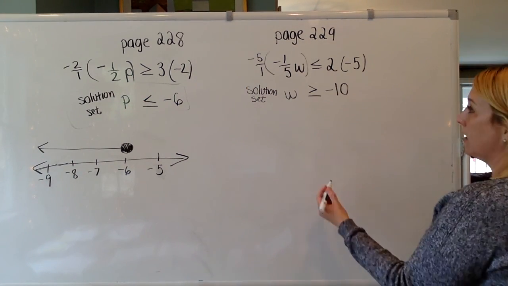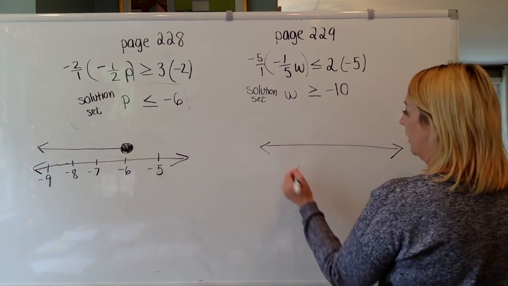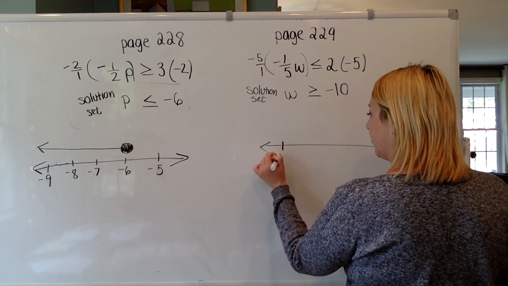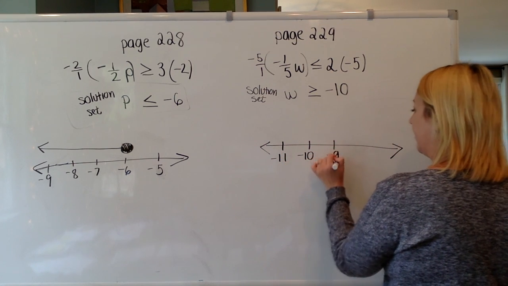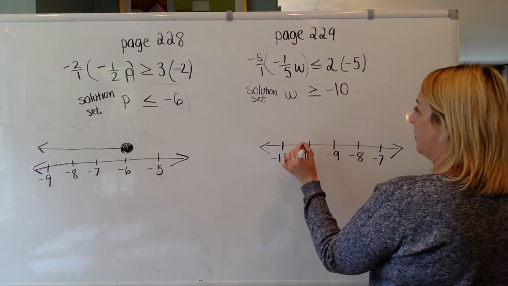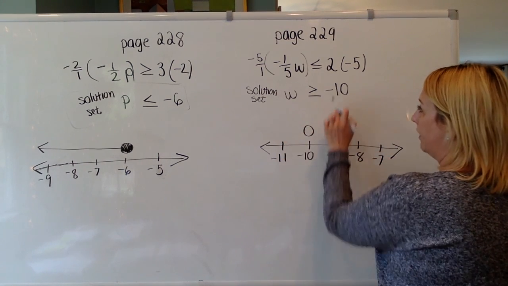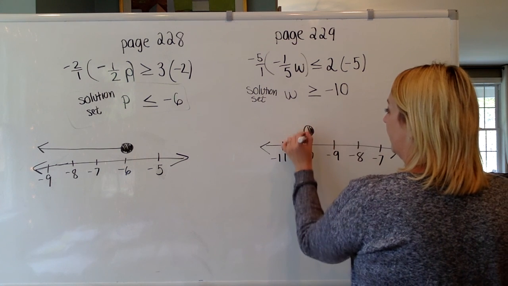Let's go over here. We've got W is greater than or equal to negative 10. So we'll do negative 11, negative 10, negative 9, negative 8, negative 7. I'm going to put my circle above negative 10. It is an equals to, so we're going to fill in that circle.